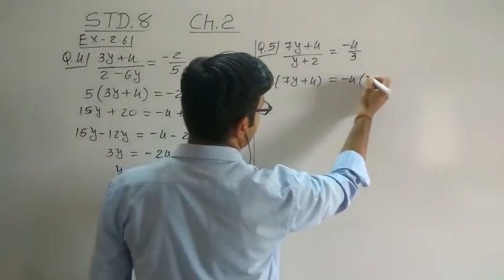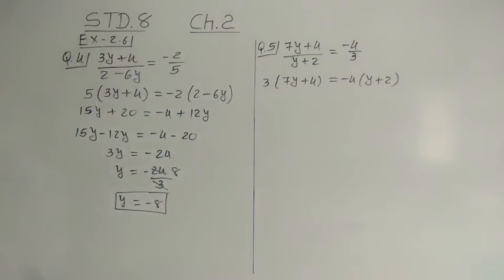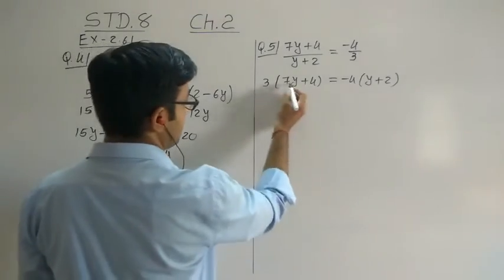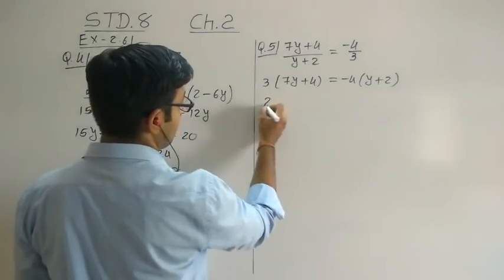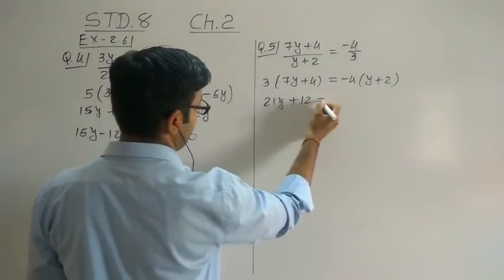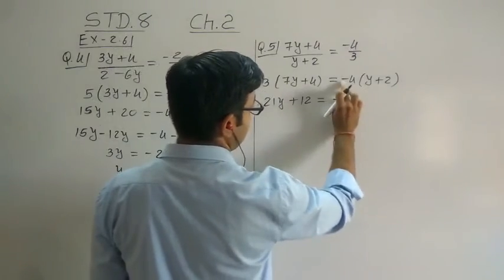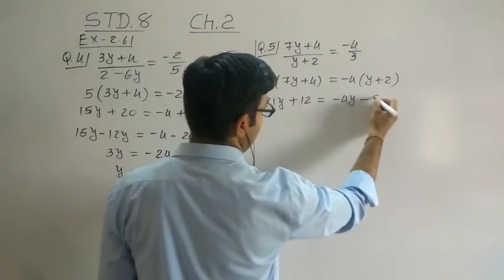So -4 in the bracket (y + 2). Now multiply: 3 sevens are 21y plus 3 fours are 12. Minus 4 into y is minus 4y, minus times plus 2 is minus 8.